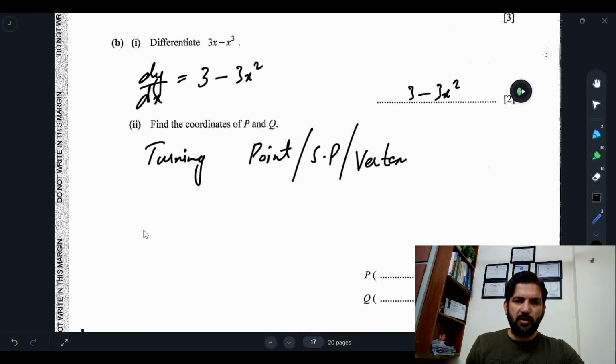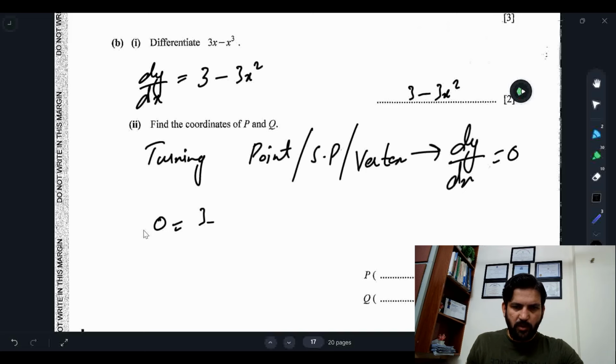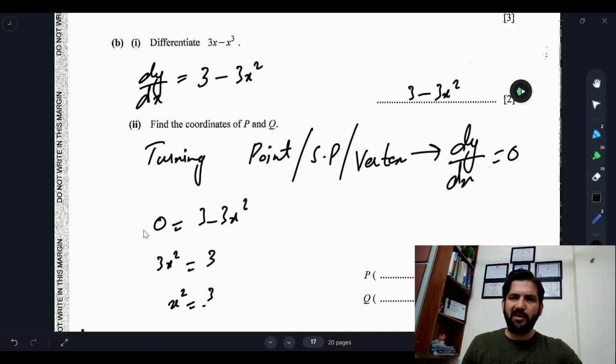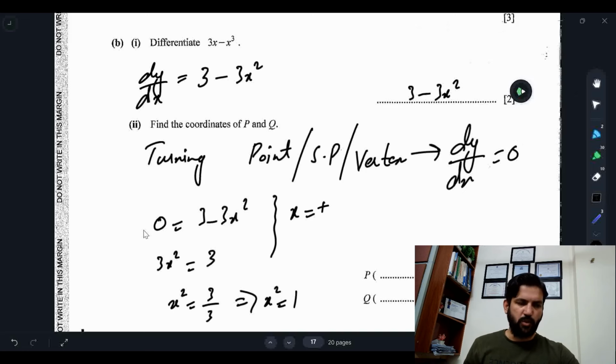So 0 is equal to 3 minus 3x square, and if we rearrange it, 3x square is equal to 3, x square is equal to 3 by 3, so x square will be equal to 1. From here we can say that x will be equal to plus minus 1, because we have to take the square root over here. So the x coordinates will be 1 and minus 1.